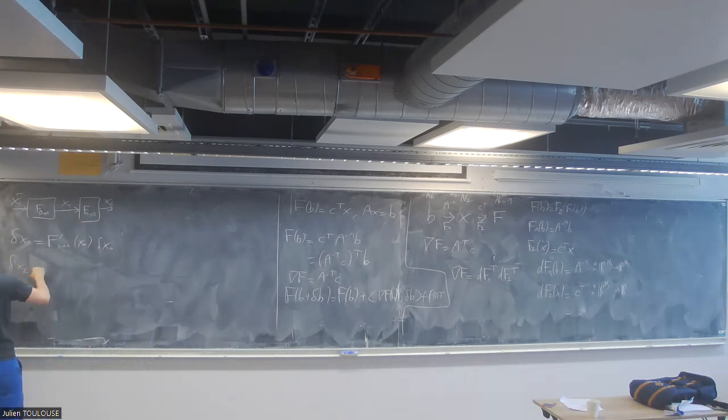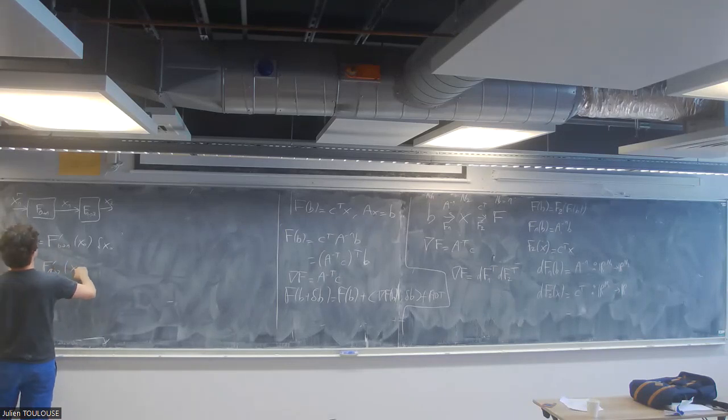Delta x2 is f prime 1 to 2 of x1 times delta x1. And so therefore it's f1 to 2 prime times f0 to 1 prime.